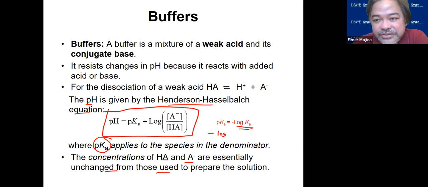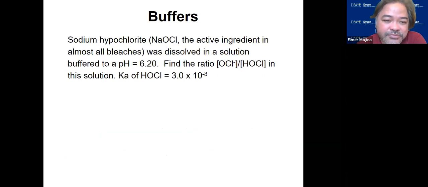The buffer problems that we have here are a little bit deeper or more challenging compared to what we have discussed in Gen Chem 2. For instance, this one: sodium hypochlorite, the active ingredient of almost all bleaches, was dissolved in a solution buffered to a pH equals 6.2.